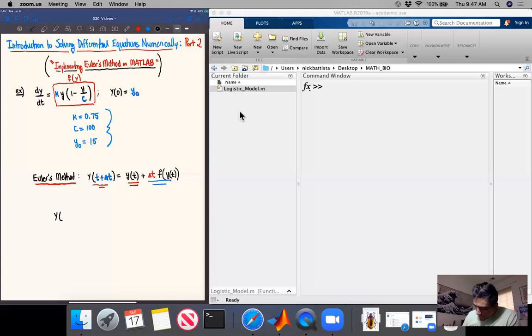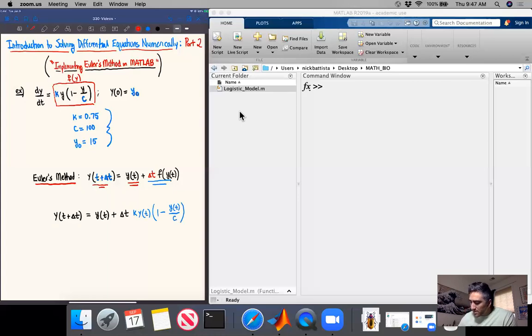So we have the next approximation in our solution at t plus delta t is equal to the previous solution value at y of t plus our little time step delta t times that right-hand side function, which is k times our solution at time t, all times 1 minus our solution at that current or previous time t, all over that carrying capacity c term.